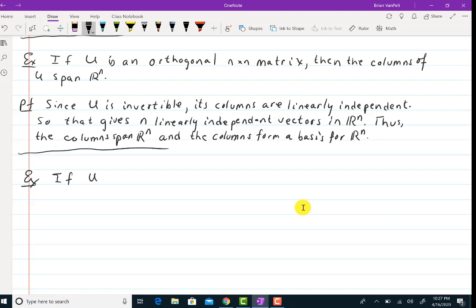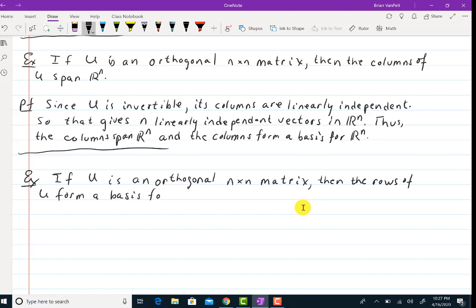If U is an orthogonal n by n matrix, then the rows of U form a basis for Rn. The proof is really simple.